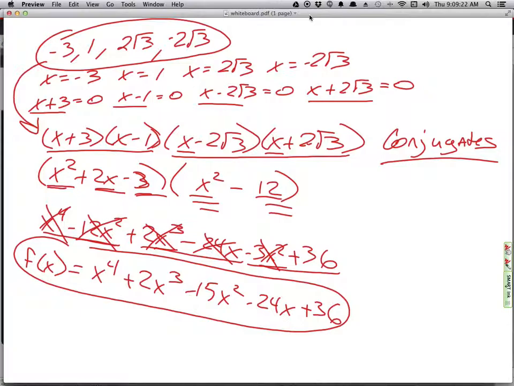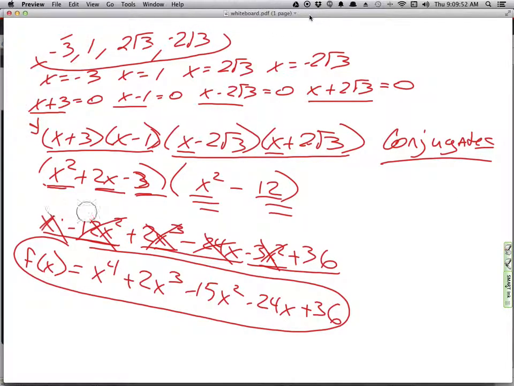So, what do I know about that polynomial function I just wrote? It has zeros of negative 3, 1, 2 radical 3, negative 2 radical 3. What's something I can do very quickly to see if I did that right? Do synthetic division with one of my zeros, and what should happen? Zero remainder. So let's do that real quick.